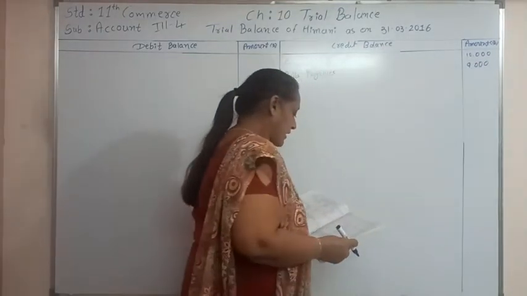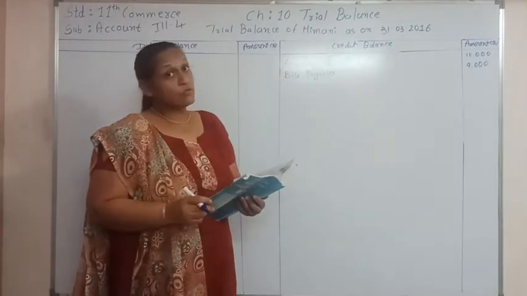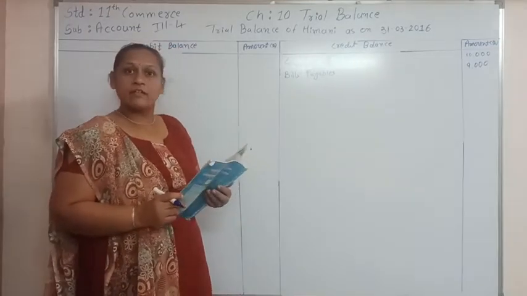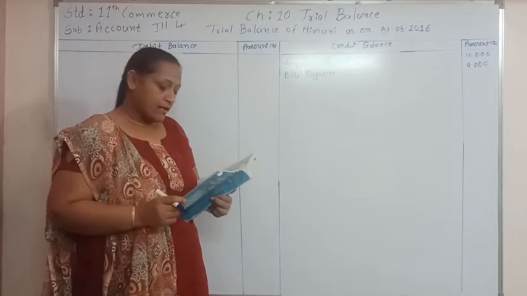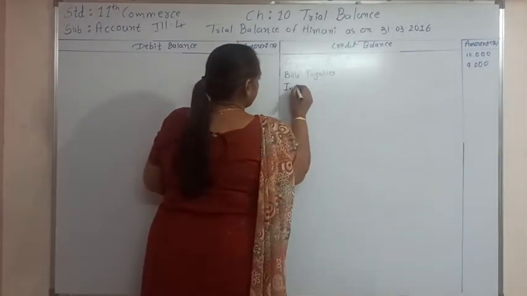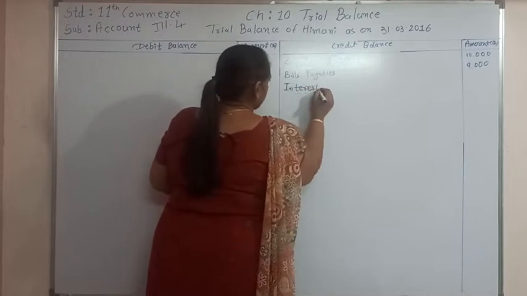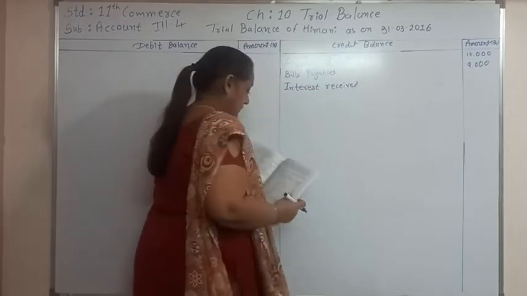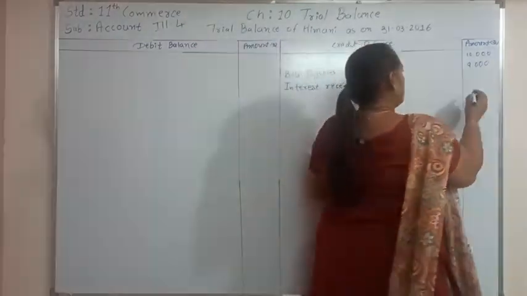After this, the interest received. As we know that all incomes have credit balance, so it is wrongly written on the debit side, and we will write interest received on the credit side. So it is 6,000.